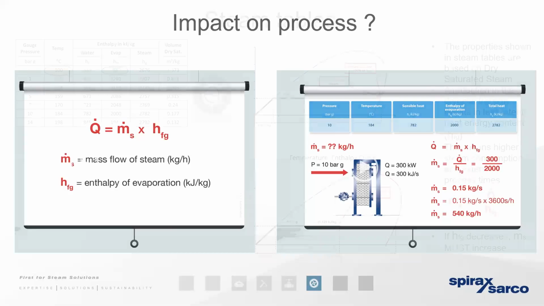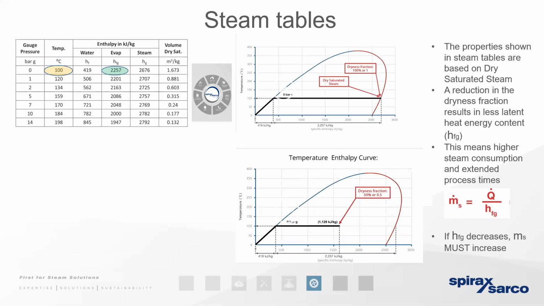So another thing that we need to remind ourselves, and there's a common theme occurring here, is the condition of the steam. We want to ensure that the steam is kept as dry as we possibly can. Remember, the steam tables and therefore the heat exchanger, it can only be sized on a value of steam based on a dryness fraction of 100%.